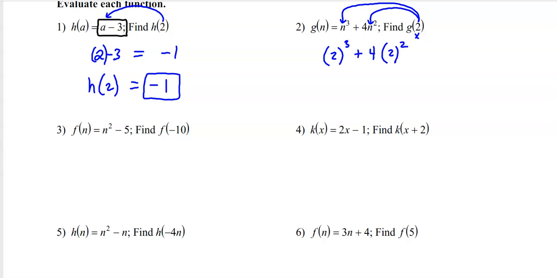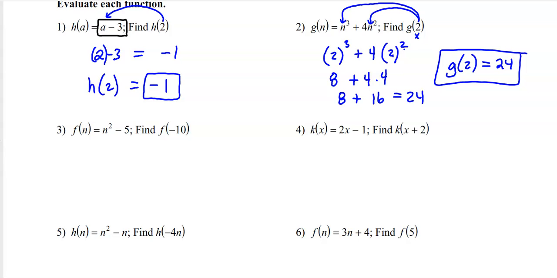Remember, the squared only affects the 2, not the 4. So 2 to the third, 2 times 2 times 2 is 8. Plus 4 times, well, this 2 squared is 4. So 8 plus 4 times 4, I got to do the 4 times 4 first. So 8 plus 16 is 24. So G of 2 equals 24.